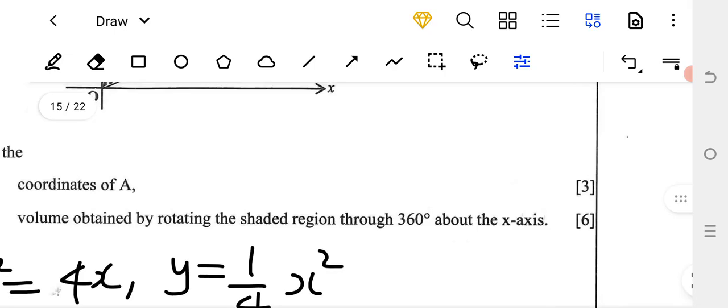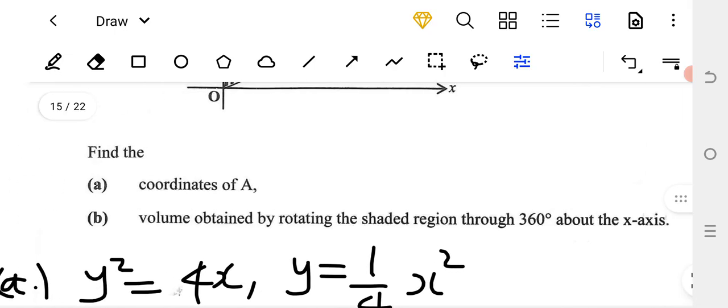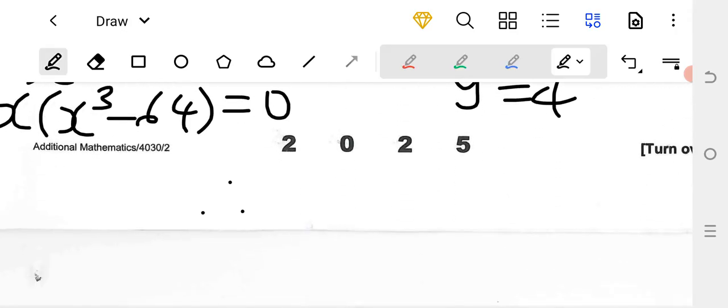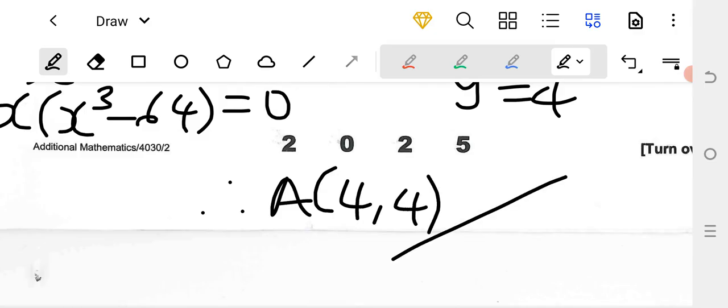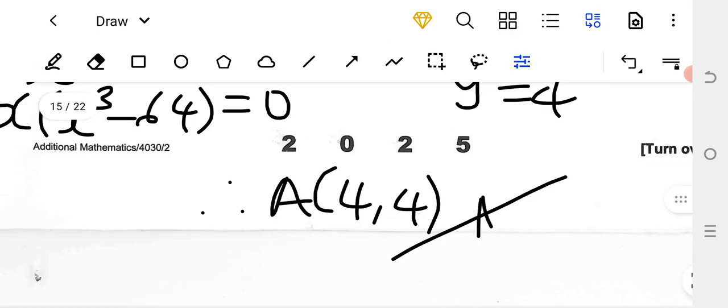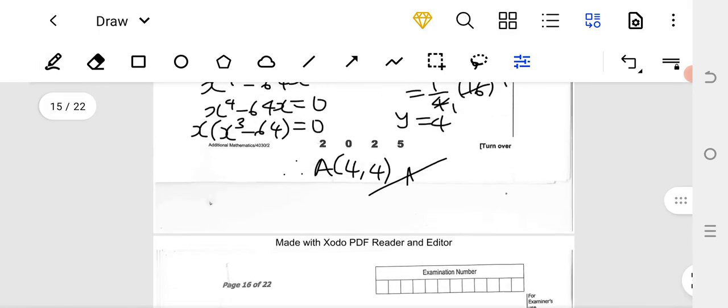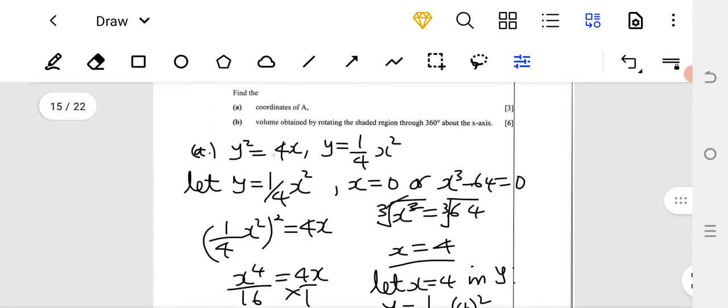Therefore, the coordinates of A are 4, 4. Those are the coordinates of A. So that would be the final answer for question A.